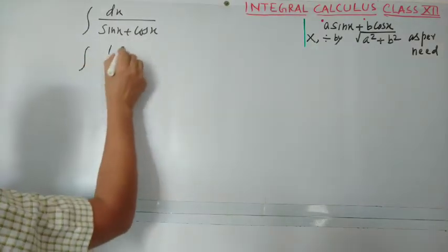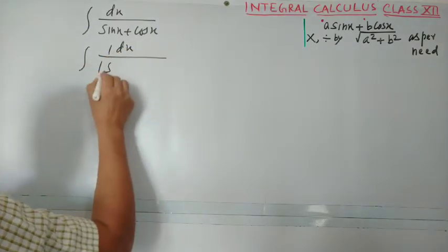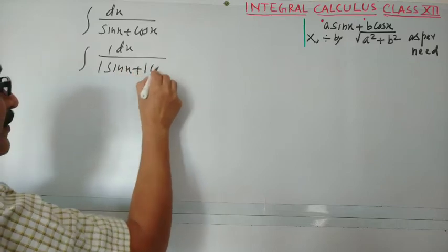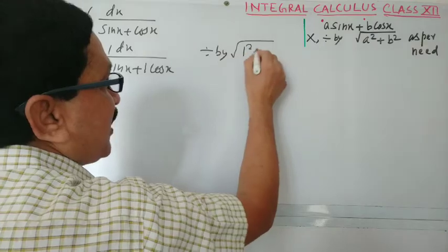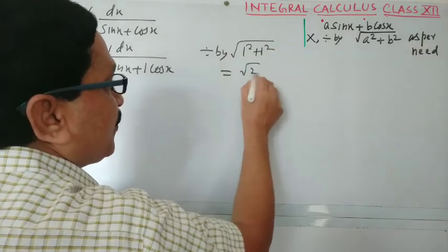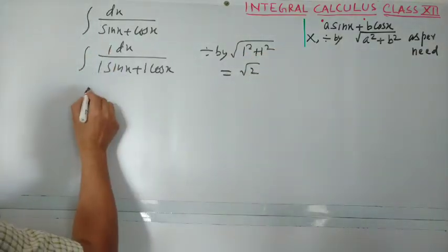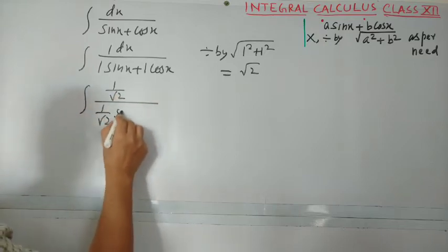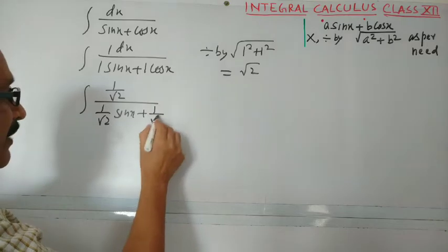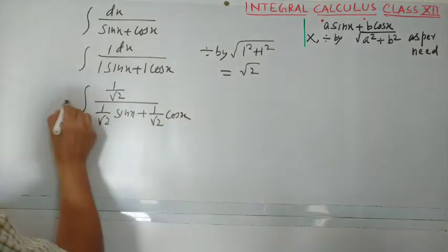This is 1 dx by 1 sin x plus 1 cos x. So divide by root over 1 square plus 1 square. This is root 2. Root 2 से सबको divide कर दीजिए. So this is 1 by root 2 sin x plus 1 by root 2 cos x.